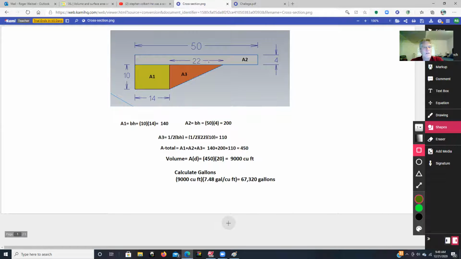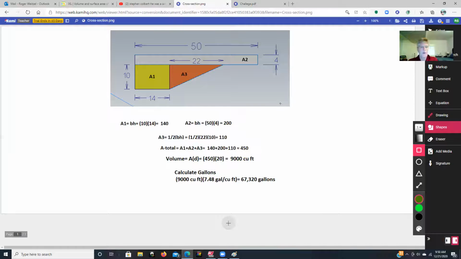The 22 comes from the fact that I knew the overall length was 50. The width of the deep end is 14. The width of the shallow end is 14. That leaves us 22 feet in the middle.